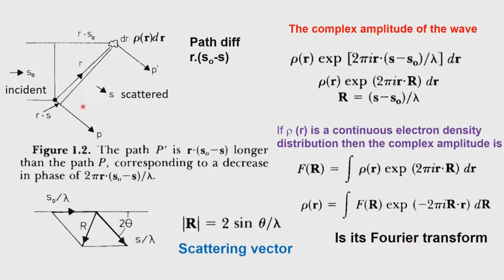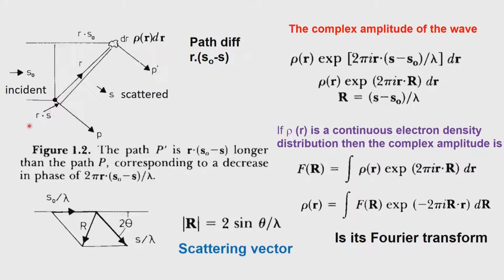So, if you consider now the two paths, the path traversed by this line and the path traversed by that line, you see that there is a difference in the path length. What we do is to take this origin, drop a perpendicular to this point, which is now representing the incident radiation, and take this point, and from the electron density which is present at d of r, we drop a perpendicular.